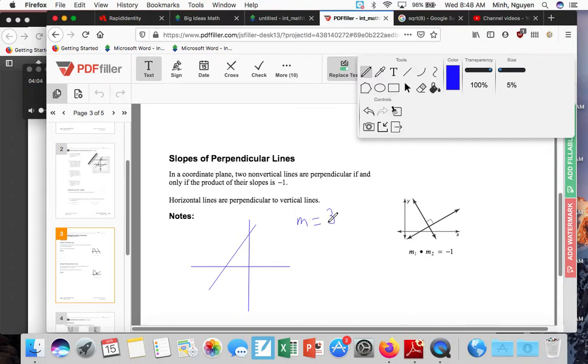Then the other slope, so let's just say this is my first one, then 3 times second slope equals -1. So how do I get the second slope by itself? Well, it's 3 being multiplied, so I would divide by 3. And then I could say, the second slope is -1/3. So that means down 1 over 3.